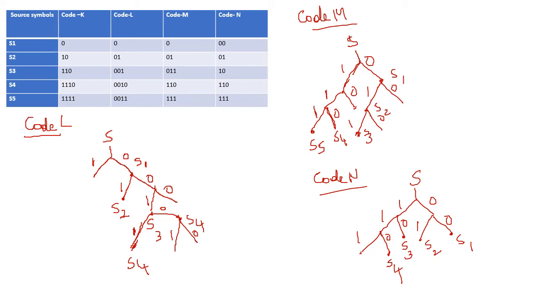Similarly 1, 1, 1 will be S5. So this is how you are going to draw the decision tree, and from the decision tree itself we can make out that all the terminal nodes will be filled for your instantaneous code word, whereas for your non-instantaneous code, few of the branches are left free.